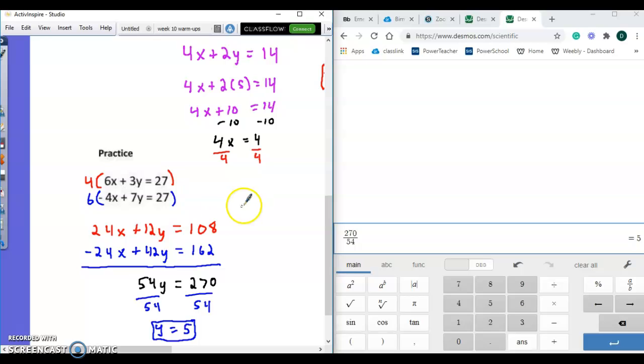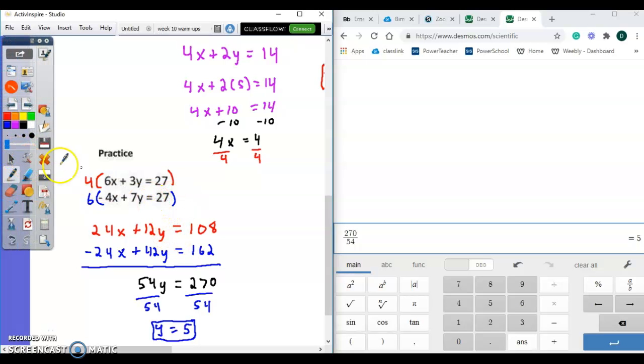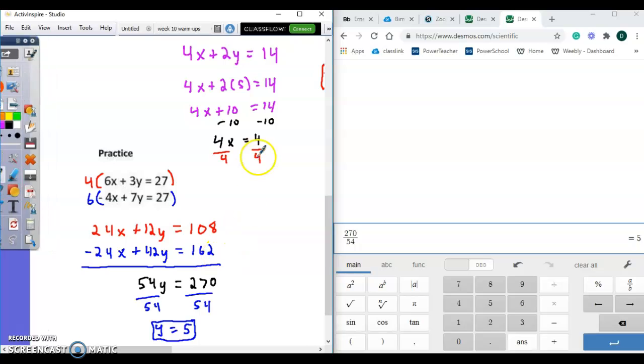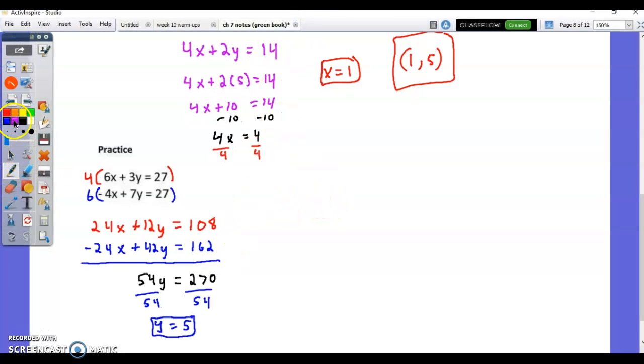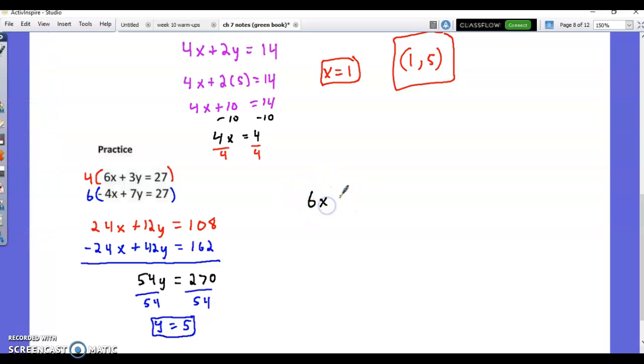Now we have to look at the original two problems. 6x plus 3y equals 27, or negative 4x plus 7y equals 27. I'm going to use the first one. So I'm going to take my 6x, I'll do this in black now, 6x plus 3y, and my y is my 5, equals 27.